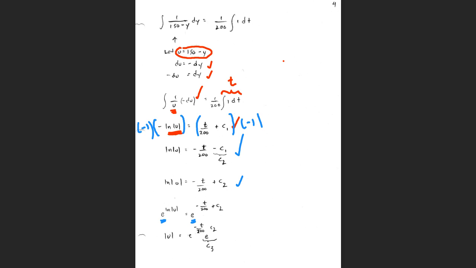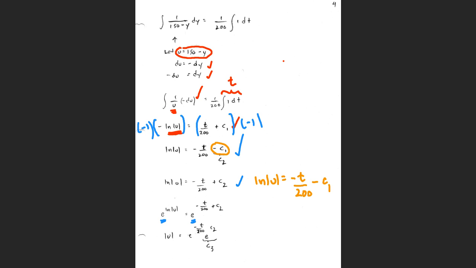Why do we call C1 C2 again? Well, what you have here is a negative C1. I'm just choosing to call that C2, but I could have had negative C1. In other words, if you had the log of the absolute value of u equals negative t over 200 minus C1, that would be okay.